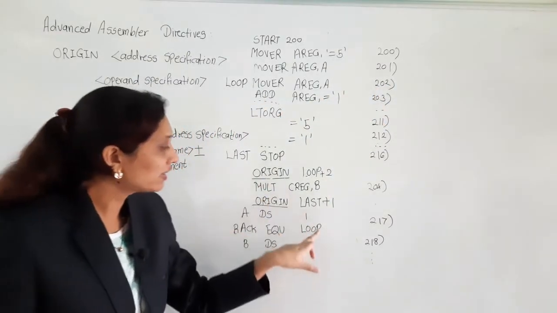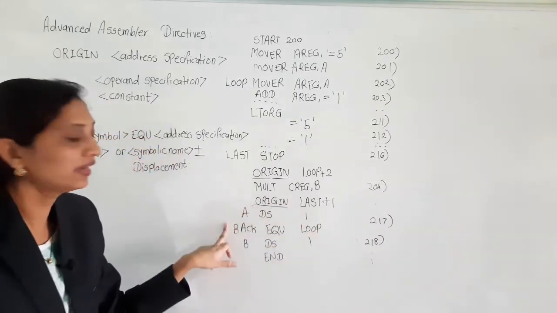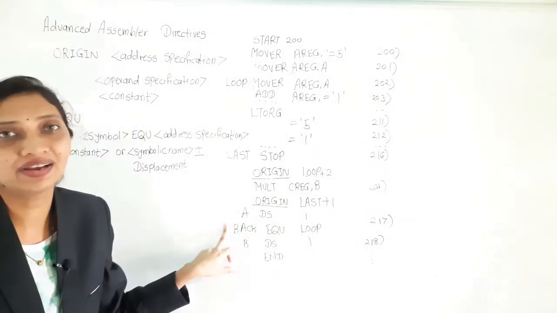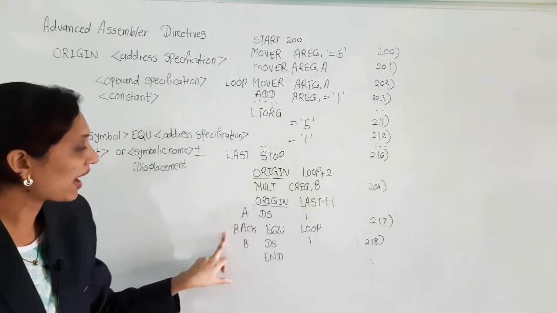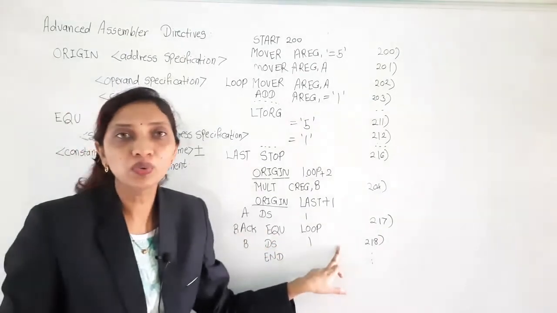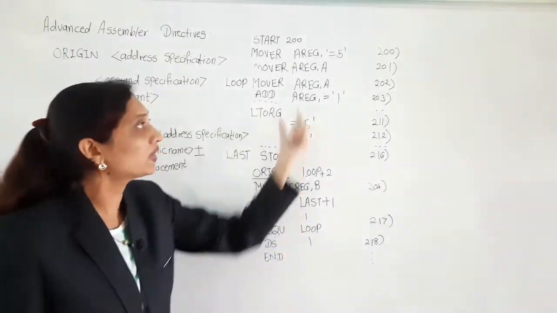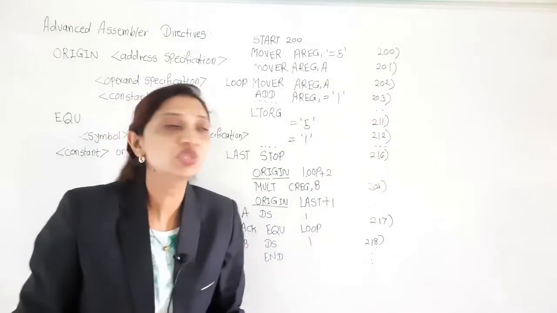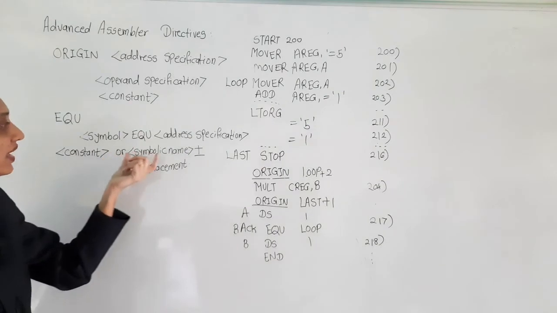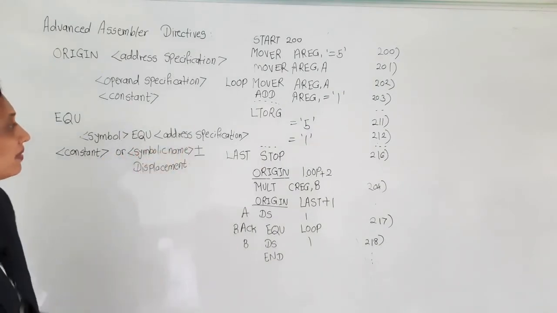So for the address 202, a symbolic name back is created as an alias, meaning back is a symbolic name which also refers to the memory address 202. In this way we can specify a symbolic name here.